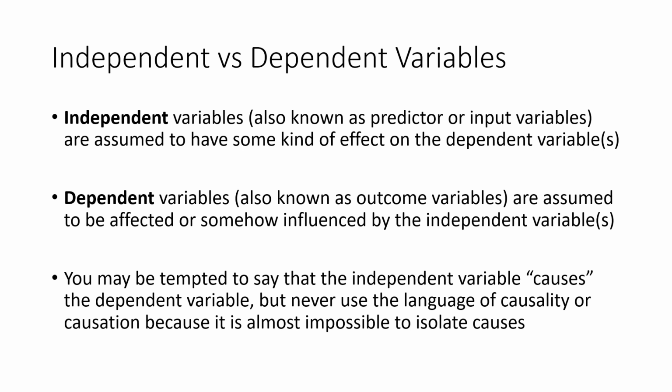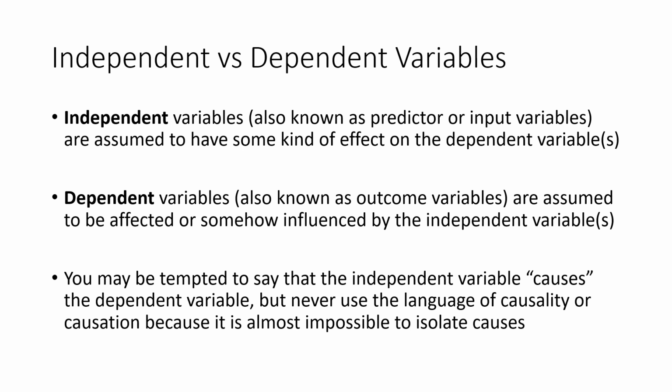A dependent variable, on the other hand, also commonly referred to as an outcome variable, is assumed to be affected or to be somehow influenced by the independent variable. So in this case, the independent variable always precedes the dependent variable.